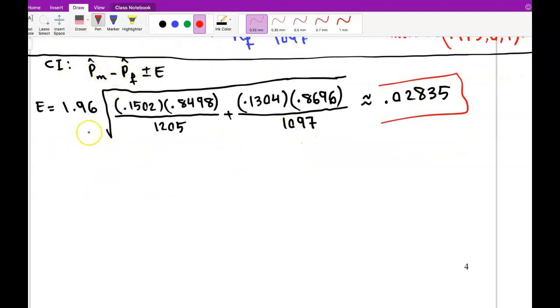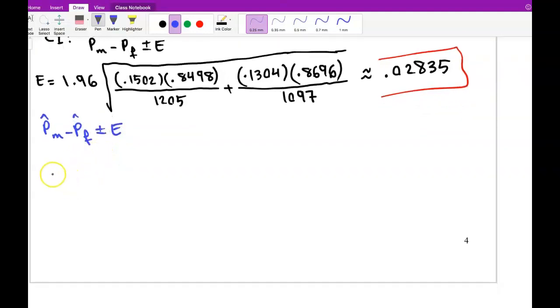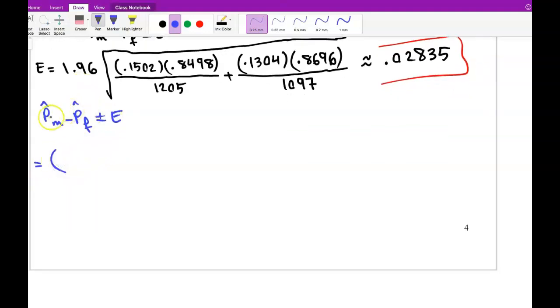Now we can find upper and lower. So that is equal to this P hat, 0.1502, minus P hat for females, 0.1304, plus or minus E, the margin of error, which is 0.02835.